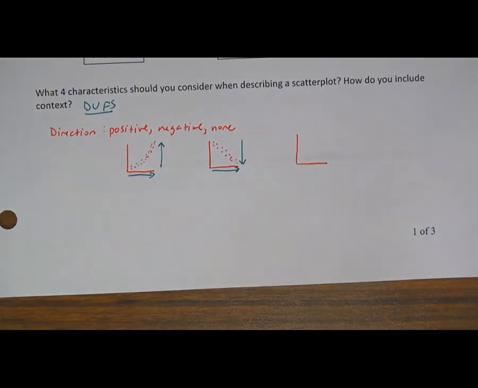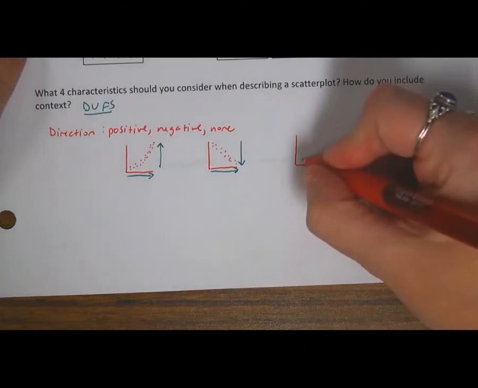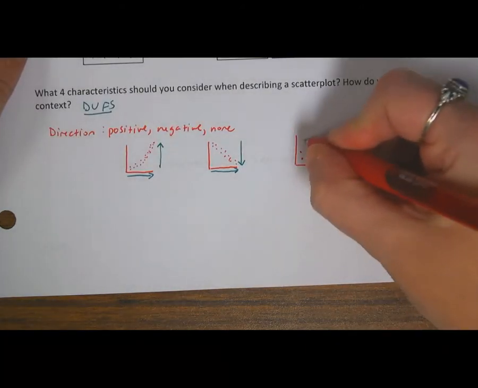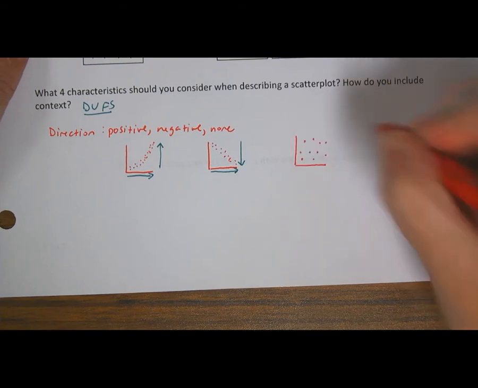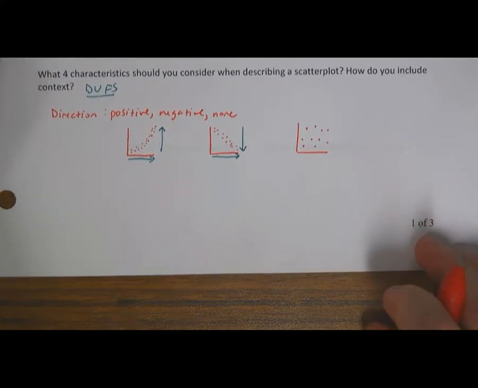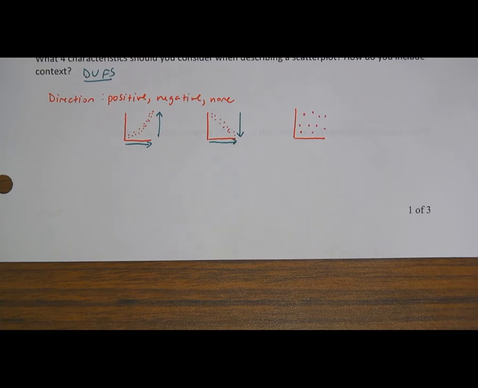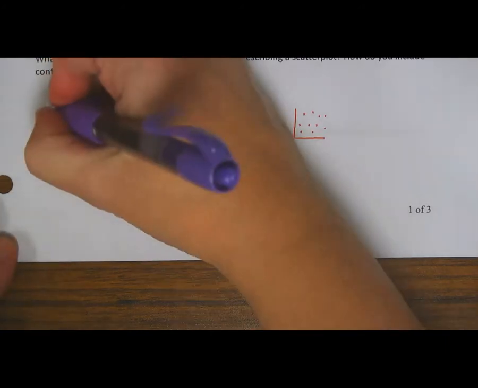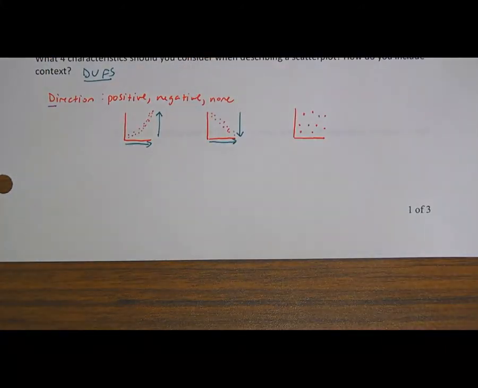That would be negative association. And then no association would just be complete randomness and scatter. We can't really tell what direction the association is. So that's the D in DUFS. Tell me the direction.